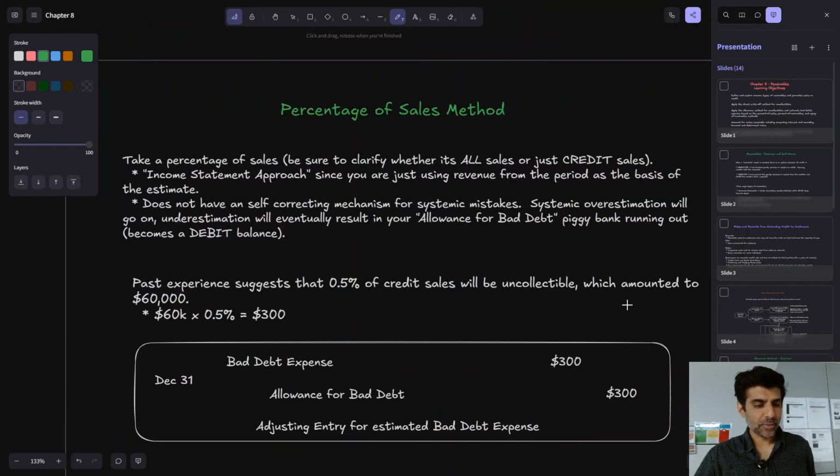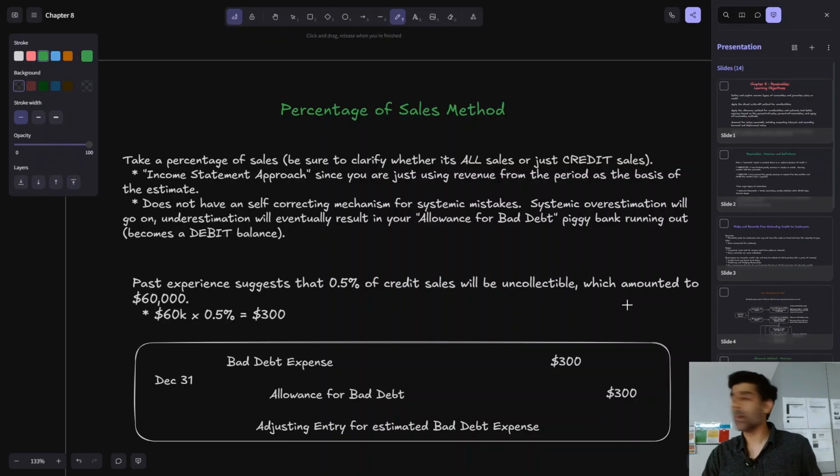So percentage of sales, basically, you're going to take some percentage of how much revenue you generated, and that percentage is going to be based on what I talked about: historical analysis, trend analysis, factoring in the economic factors. You're going to come up with some percentage, okay? And then you're going to apply that percentage to how much you generated in sales.